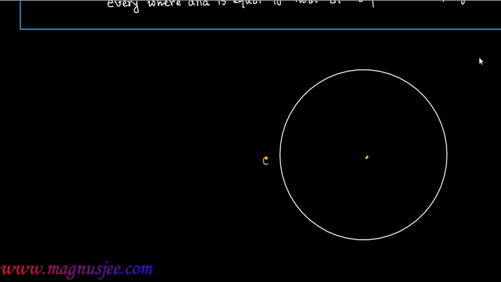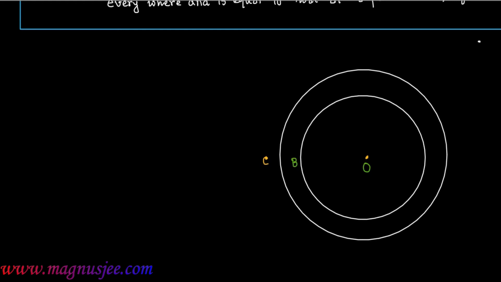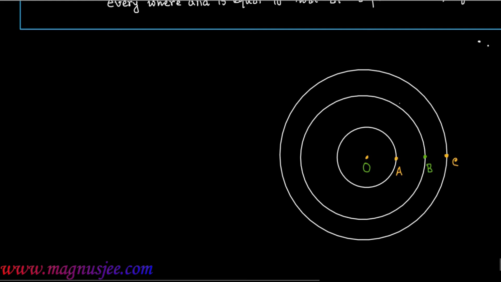Now we can consider three concentric charged metallic shells. O is the common point of the three shells. This is shell C and this is metallic shell B, and we can consider another shell A which has the minimum radius.